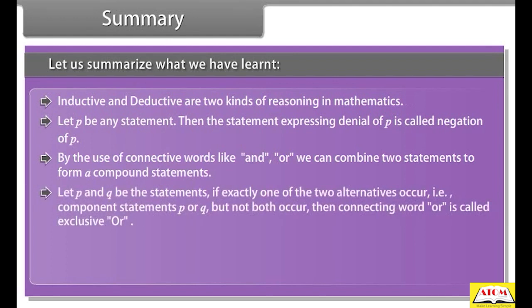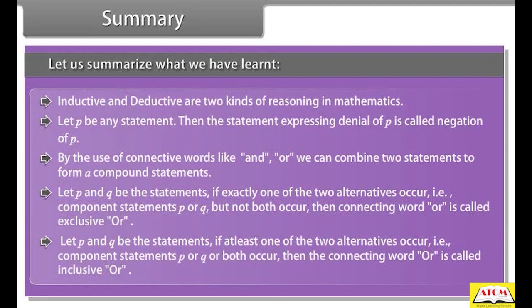Let P and Q be statements. If exactly one of the two alternatives occurs, that is, component statements P or Q, but not both occur, then the connecting word or is called exclusive or.